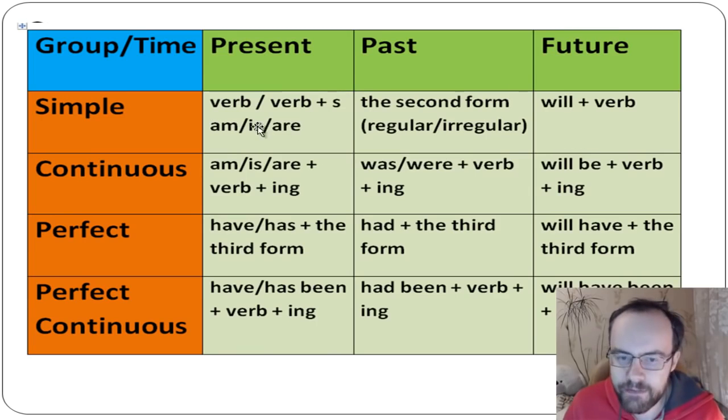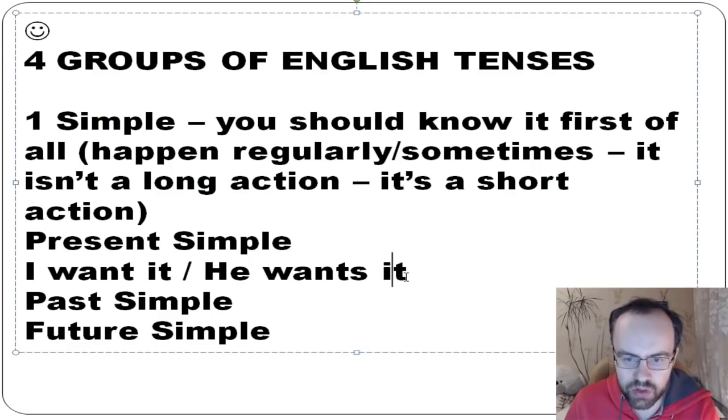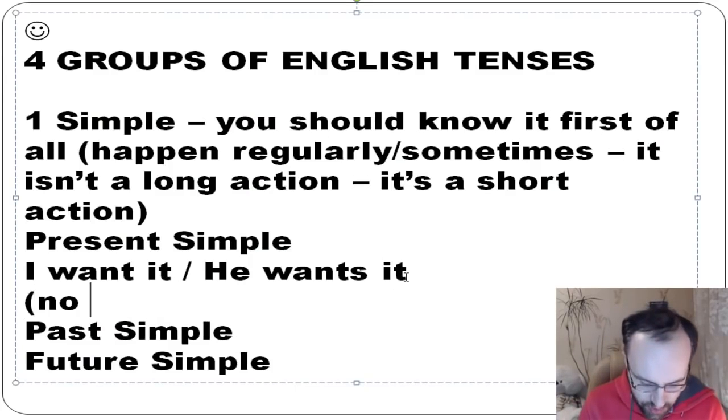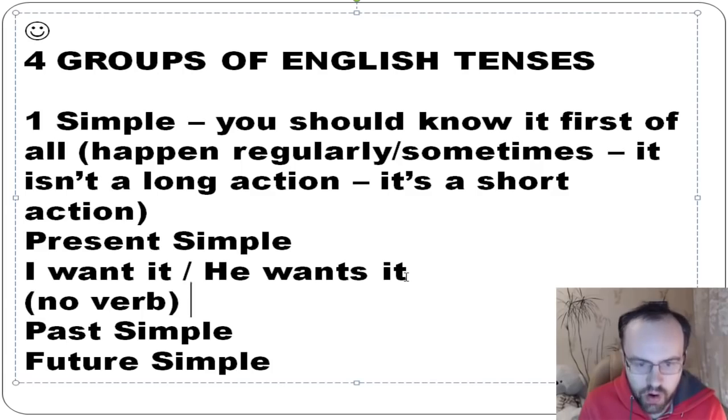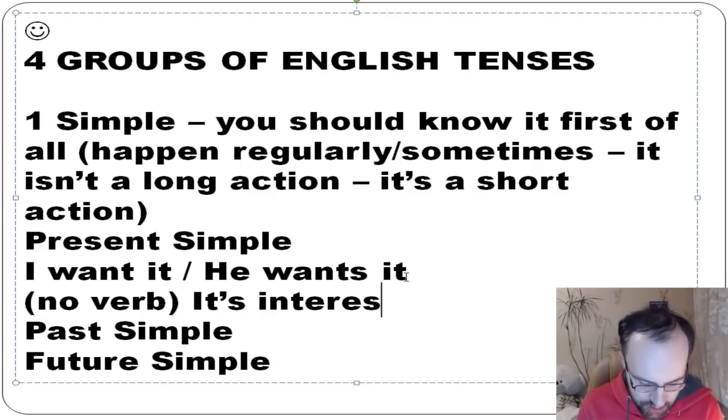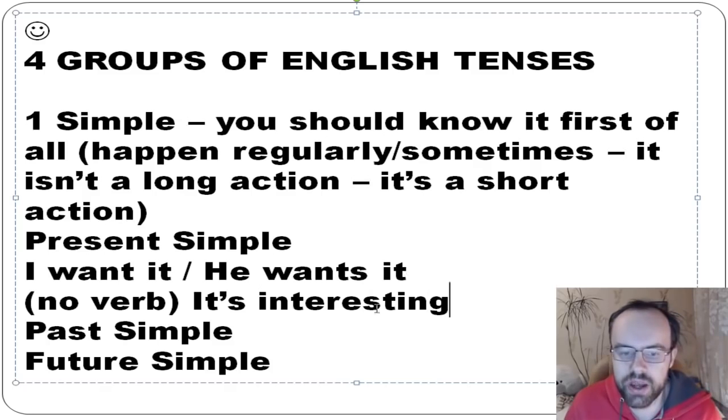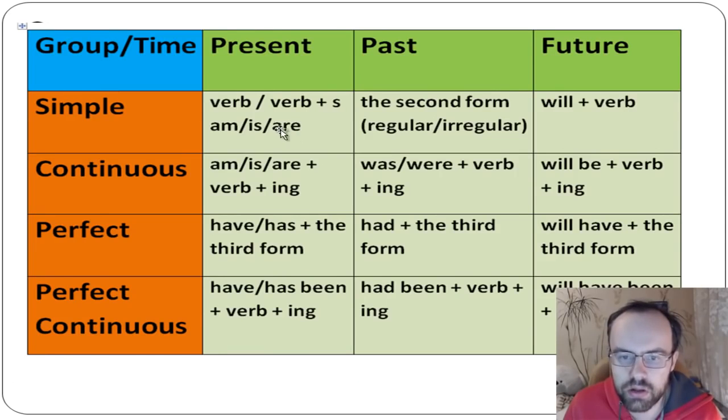If you don't have a verb, you use the form of to be: am, is, or are. For example, it's interesting. You don't have a verb and you use the form of to be, it's. It's a short form, or it can be a long form.